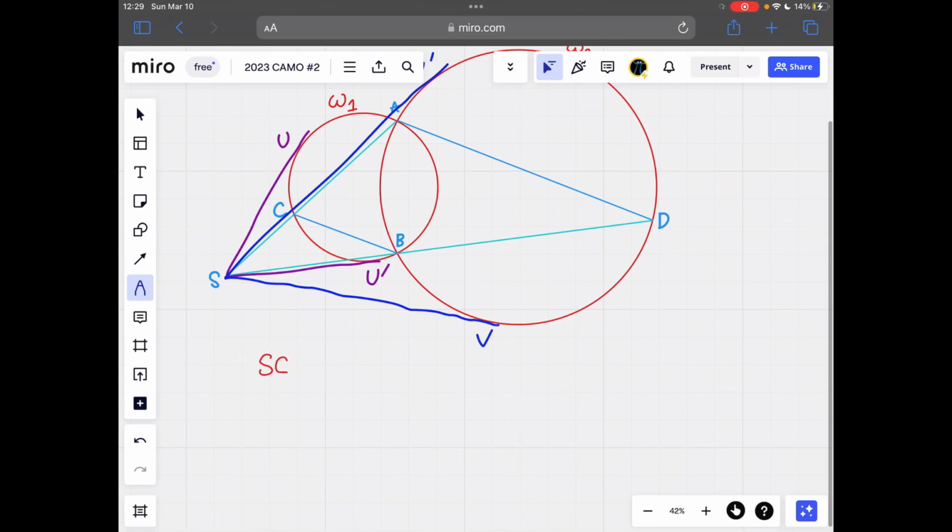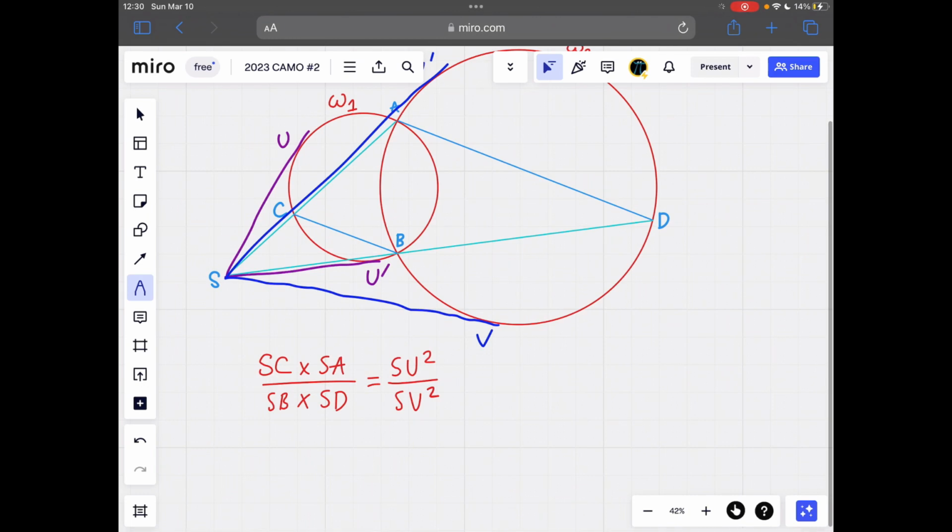We know that SC times SA over SB times SD is equal to SU squared over SV squared. Because the numerator is the power of S with respect to omega 1, and the denominator is its power with respect to omega 2.